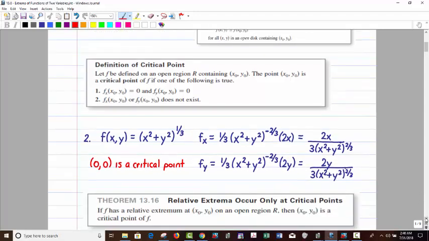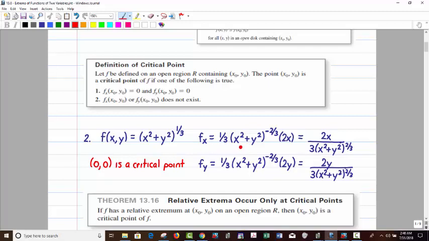I'm not sure how much we're going to encounter this in this class, but it has to be a point that contains x0, y0. Because it can get a little dicey, although this one's a pretty easy one. In this function, you're going to have x squared plus y squared, and you're taking the cube root. So really all real numbers would apply, any xy would be fine.